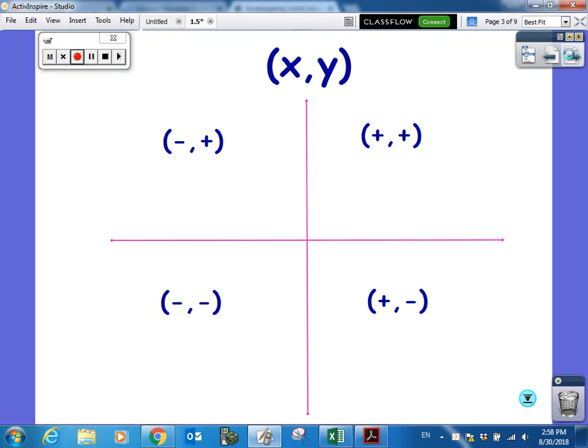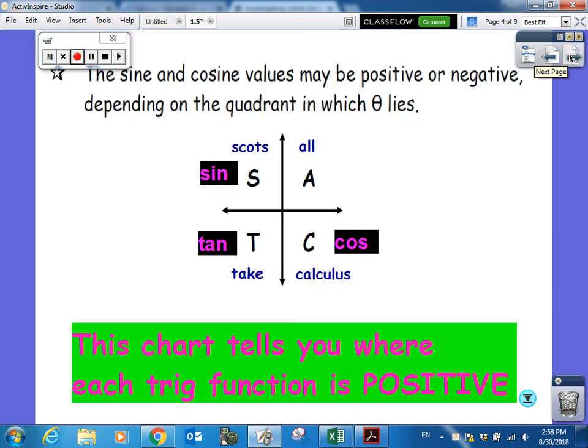All right, so this next little table on your notes has a little x and y axis and has these letters A, S, T, C. If you like acronyms, this acronym stands for All Scots Take Calculus. Starts in quadrant 1, quadrant 2, goes in order 1 through 4.